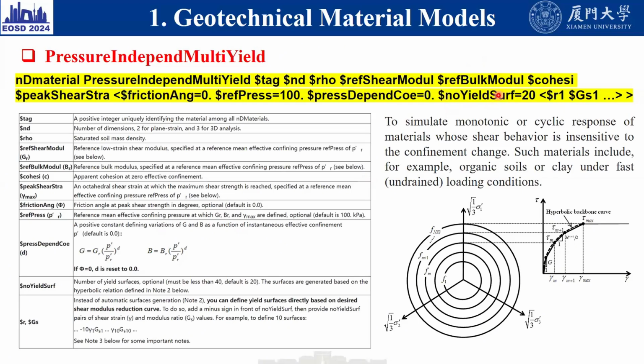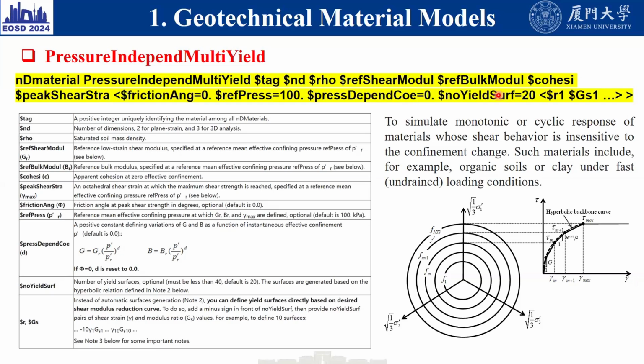Like I said, this model is generally used for clay, not for sand. But you can also specify a friction angle. I'm not sure you are familiar with soil mechanics. For soil, we have cohesion and the friction angle. When we simulate clay, we just use cohesion. But for sand, normally we use cohesion and the friction angle.